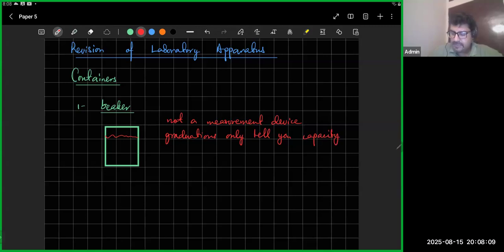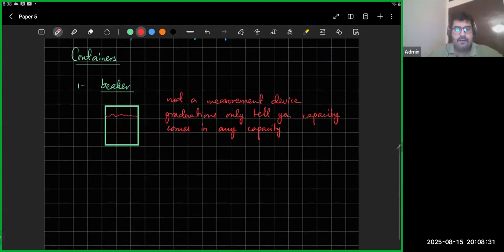That's the second important चीज़ है कि it's not a measurement device. Remember that. And it comes in any size. Remember, all apparatus come in any size. You want a 100 cm cube beaker, a 50 cm cube beaker, a 10 cm cube beaker. All of them are there.